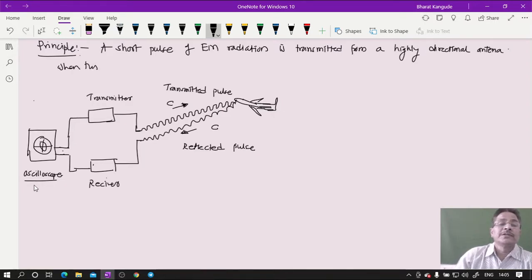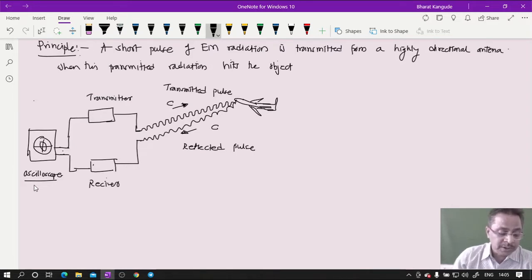When this transmitted radiation hits the distant object, a part of the radiation is reflected back.